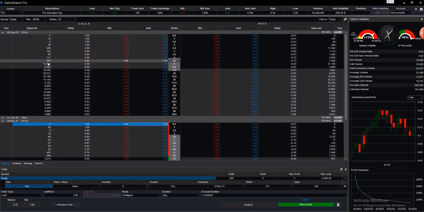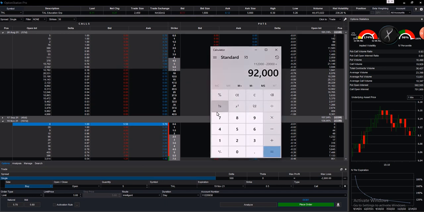This column is all the volume for people that bought these call options already. 26,000, 33,000, 14,000. Now let's just do the math on one of these, alright? 26,531 volume times, we're gonna say okay, so we're gonna say about $22 is the middle. That's just under $600,000 for one option price.